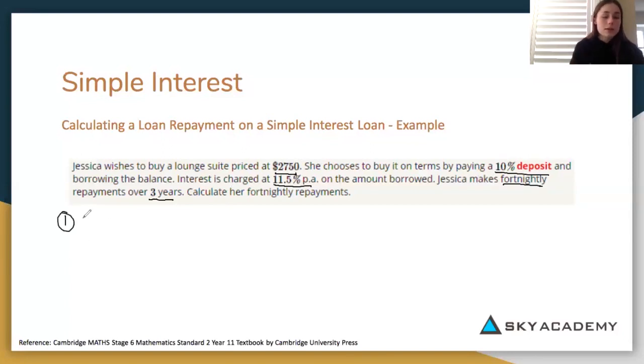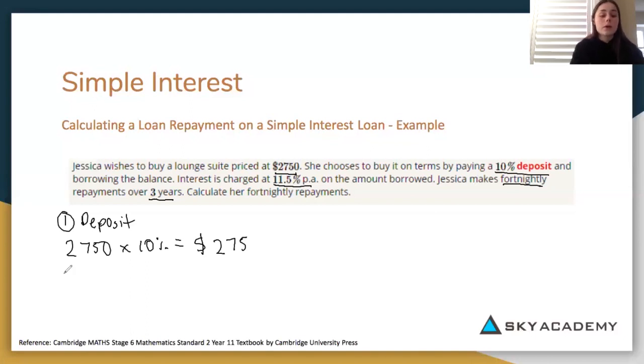So step 1 is going to be the deposit. Let's find our deposit. It says our deposit is 10% of the price. So if we do 2,750 times 10%, that's going to give us the amount that she is going to pay. So by herself, she's going to pay $275. Now we found our deposit, we need to figure out how much she's going to borrow.